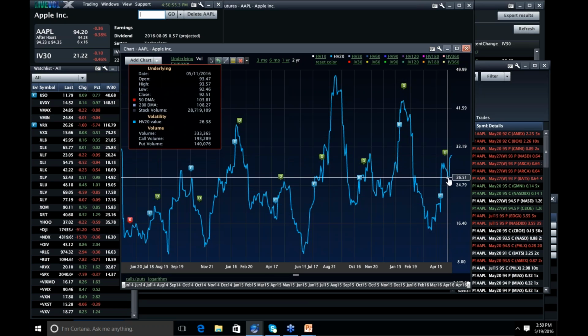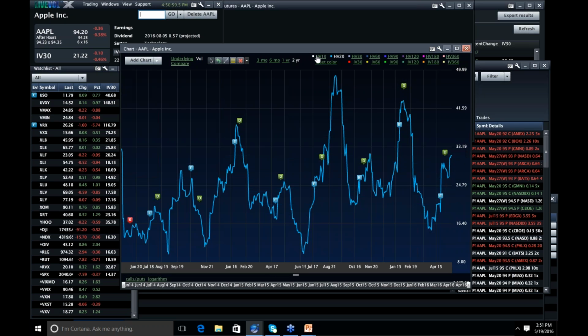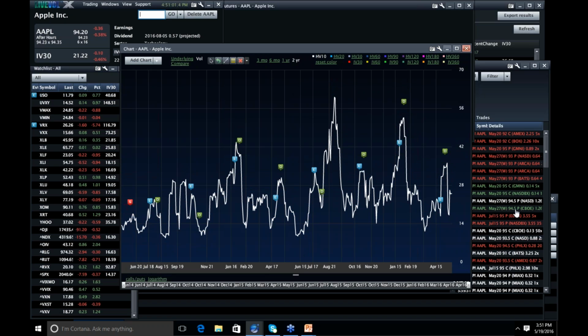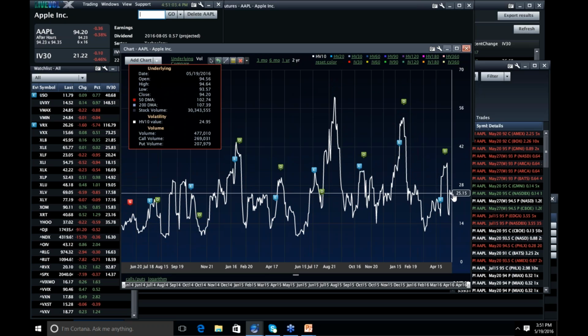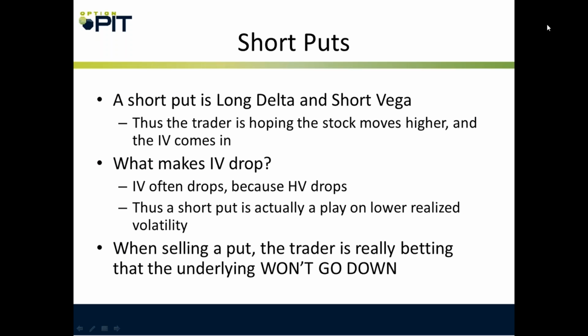And what you can see is movement's been increasing. Same thing in the last 10 days. So when you sell a put, you're betting that an underlying isn't going to go down, not that it's going to rally. You're betting it's not going to move lower by a lot. Not that it's going to go up.